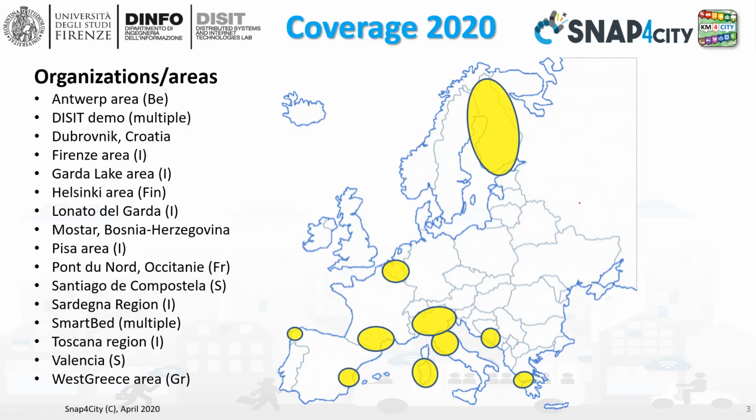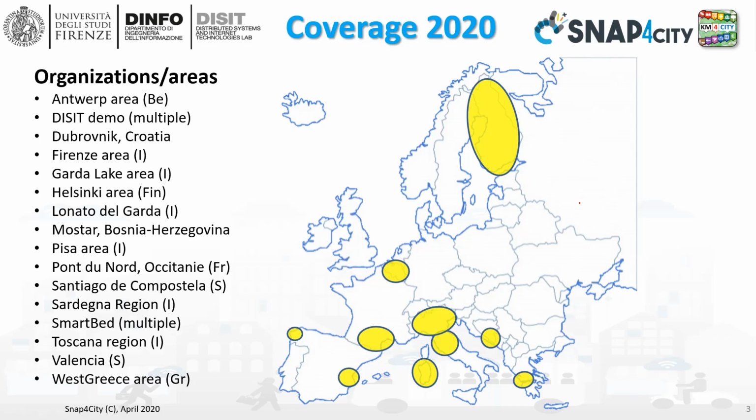Presently, the coverage of Snap4City in Europe is described in these slides. We cover the center and the north of Italy, with the whole of Tuscany, a large part of Garda Lake, and also a part of Lombardia, and so on.